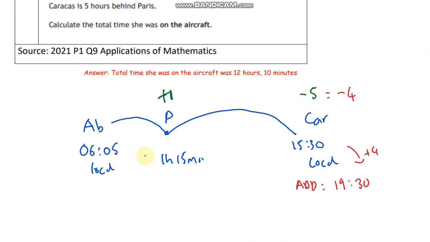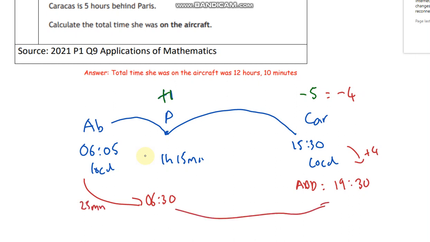Let's have a think. If I want to go up to 30 first of all, 0630, because I've got 30 minutes, that's 25 minutes. Very good. And then to get from there to there, 6 to 19, that's 13 hours. That's going to get to 1930. Very good.